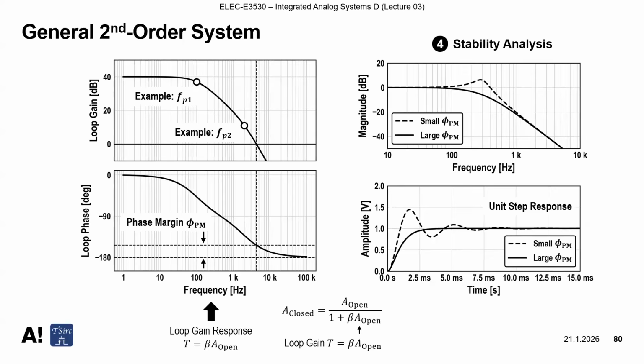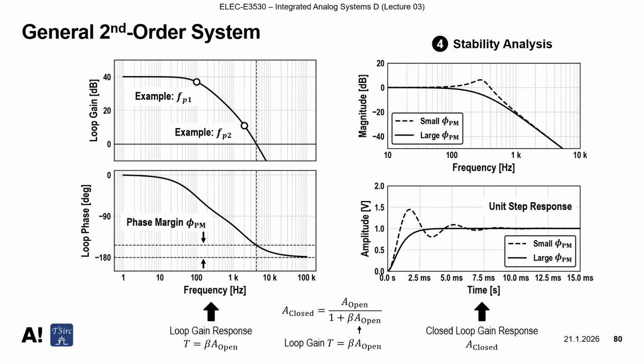And then, actually, those phase margins are defined by loop gain response when we think about T equal beta times open loop gain. This is discussed within loop gain response for the phase margin. But our stability analysis, I mean, our frequency response of closed loop gain and inverse Laplace transform, unit step response, and so on and so on, those are closed loop gain response, A closed.